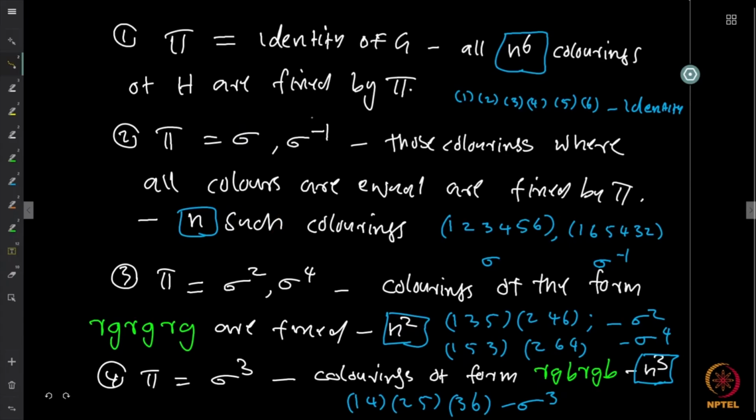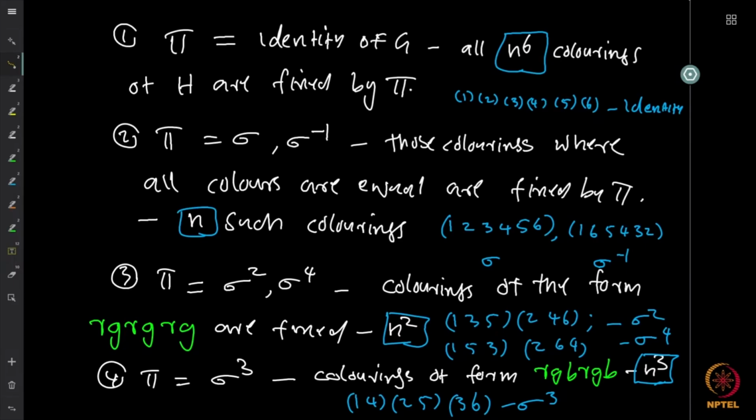Now, what if you look at sigma inverse, which is the backward rotation? So 1 going to 6, 6 going to 5, 5 going to 4, 4 going to 3, 3 going to 2, and 2 going to 1. So for sigma inverse, again, if I rotate by 1 all the way backwards, I want all the vertices getting the same color, otherwise the coloring will not be fixed by pi.